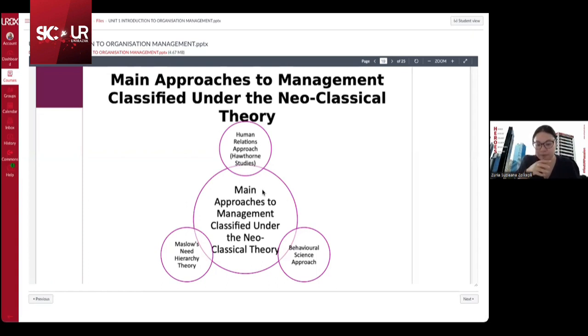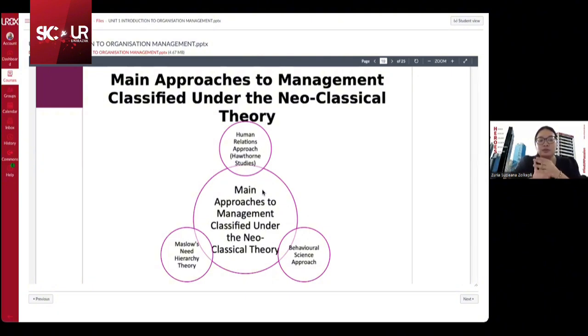The experiment was introduced by several people. Mayo, George Mayo, if I'm not mistaken, and his colleagues. They conducted three or four experiments, but the famous ones are three.